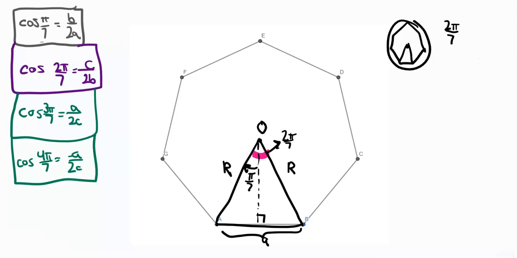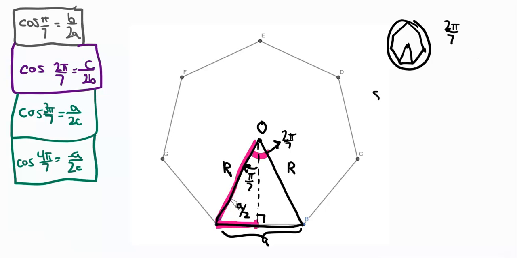And down here, if we were to label this part, we are establishing a sine relationship, so it's opposite over hypotenuse. The length here that I've labeled, from the point where the altitude meets the side length, is A over 2.